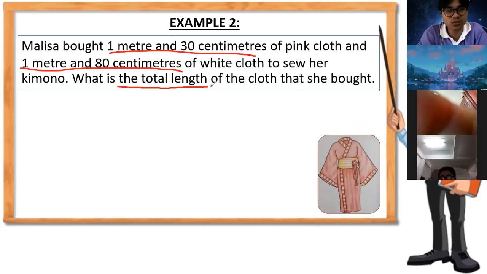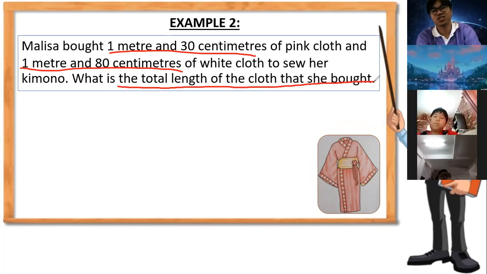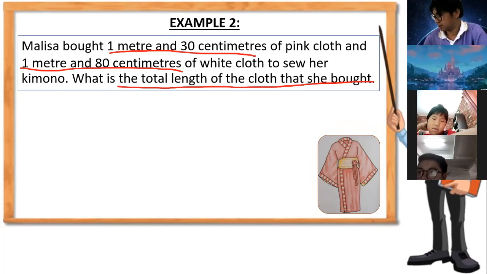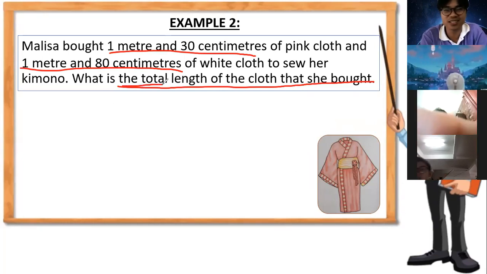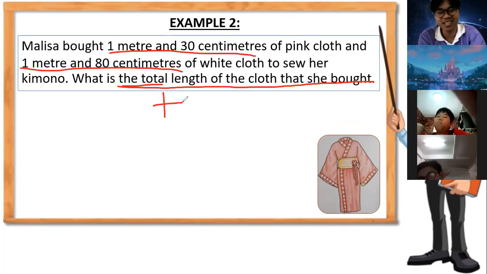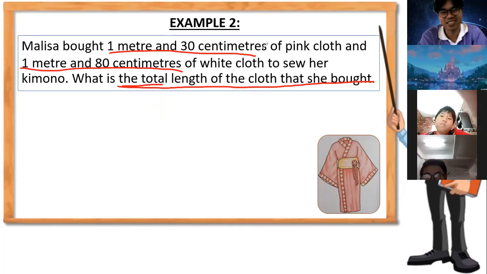Question: what is the total length of the cloth that she bought? What do you think? Plus, minus, times, divide? It's plus. What is the total? You add the length.